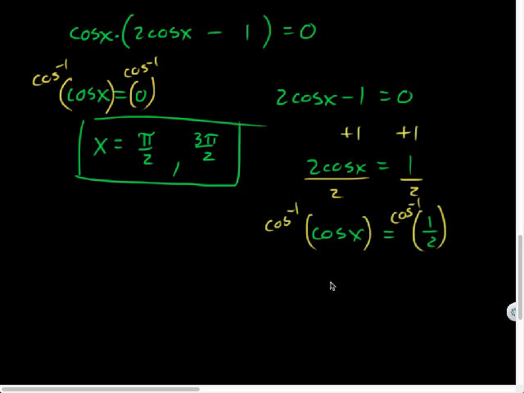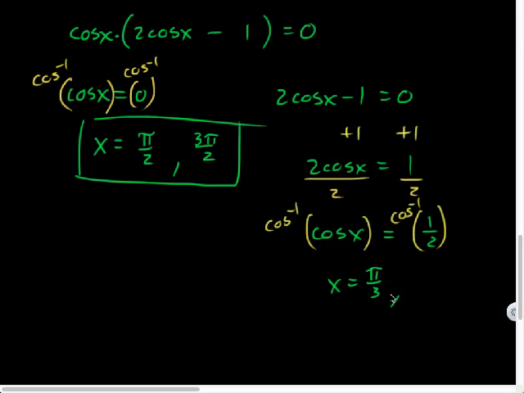And I get x equals, so all right, let's think about just the first quadrant for starters. It's positive. When is cosine equal to 1/2? 60 degrees, right? Ring finger. That's the same as pi over 3 radians.